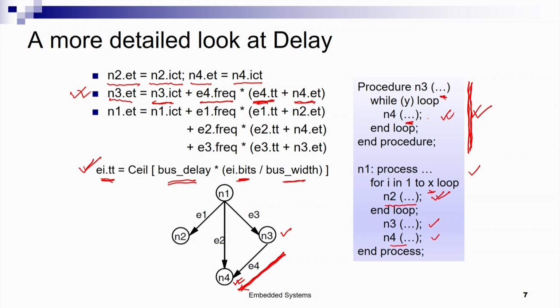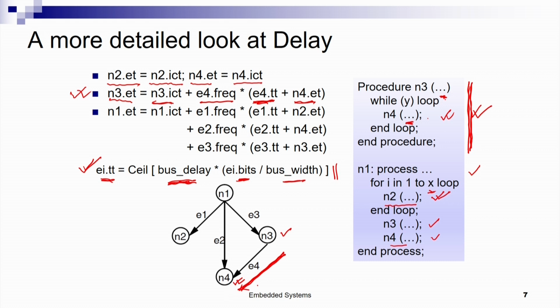For example, let us say I need to send 64 bits and my bus width is 16. So, the number of transfers that I will require is 4, 64 by 16. I have 64 bits to transfer, so I will require 4 transfers, and in each such transfer I incur a delay equal to the bus delay, and this is the total transmission time for one data transfer from N3 to N4.